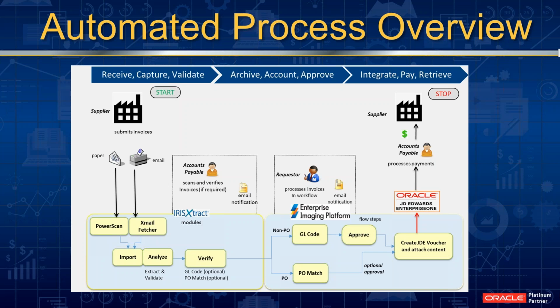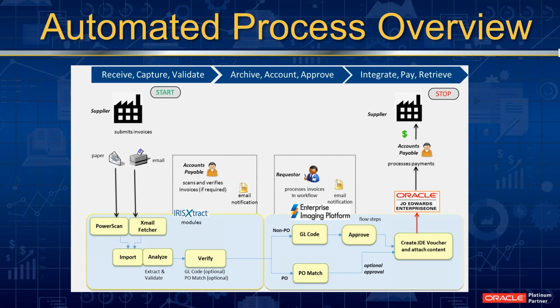If it's a PO-based invoice that came in through email, it actually could go directly from that step into generating a voucher within JD Edwards, because typically a GL code is already assigned at the purchasing level.